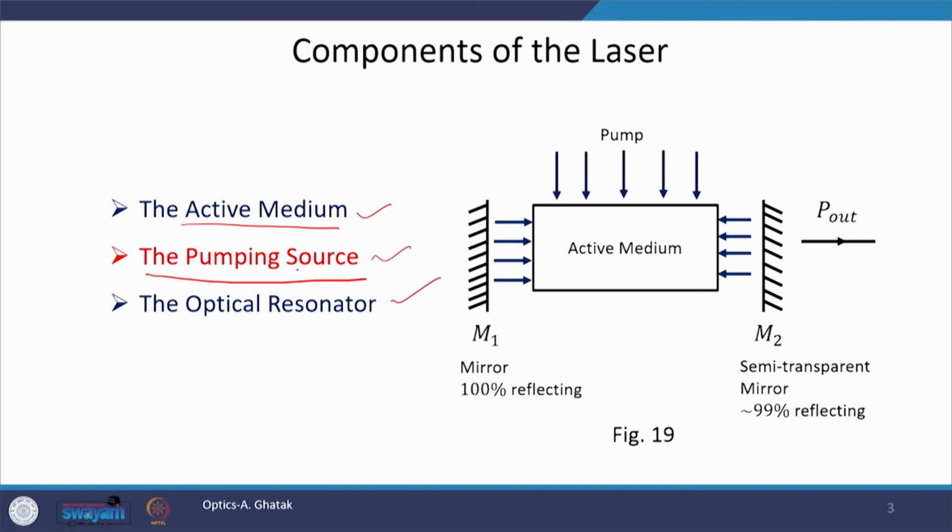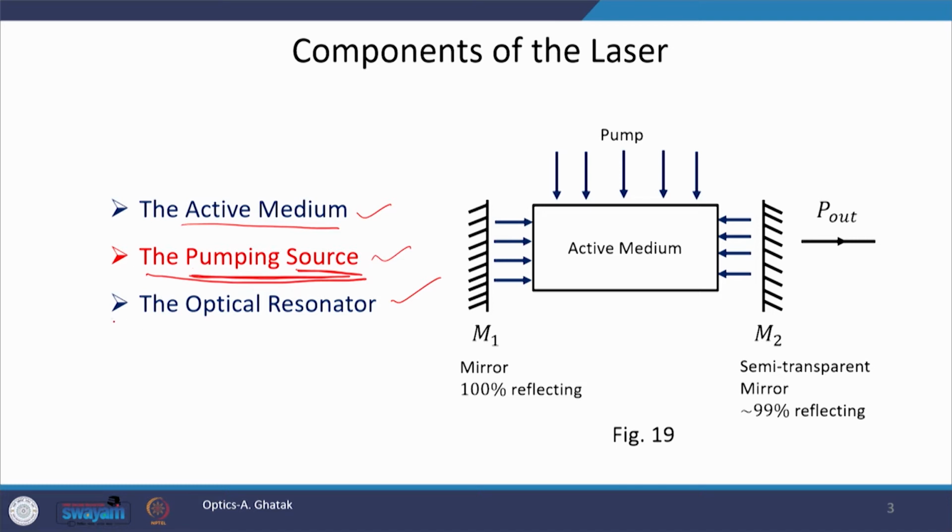The electrons sitting in the ground state absorb this energy and then move up to the upper level. The process of providing this energy, or the process of pumping, is furnished by some source, either optical or electrical, and this is done by the pumping source.